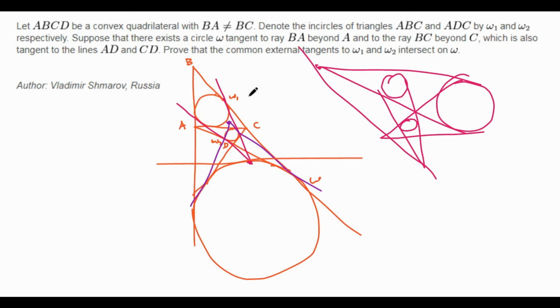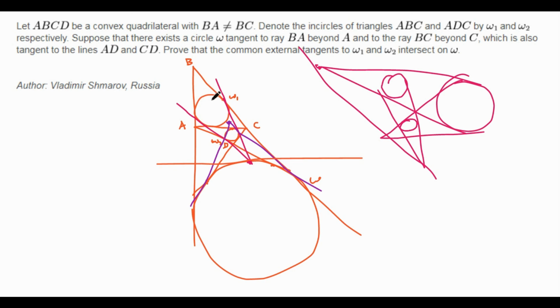And this is the property that we need in order to move further into this problem, because since this point is on the top of the circle, we might also be able to use the other points that are on the tops of omega 1 and omega 2 to help us.